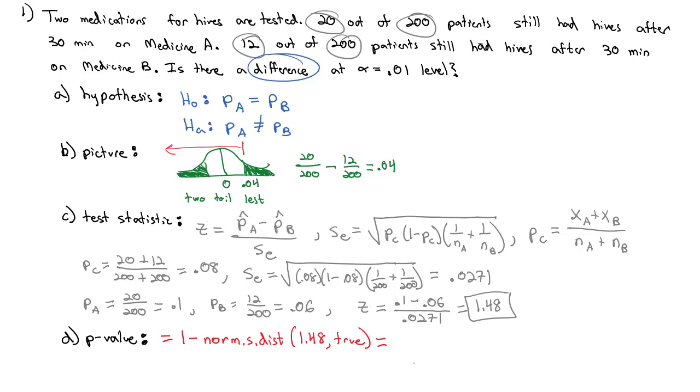The right tail, when I do that, is 0.0694. That is the right tail on my picture, 0.0694. But I remember this is a two-tailed test, so there's another 0.0694 on the other side, which means I need to multiply by 2 to get the true p-value of 0.1388.